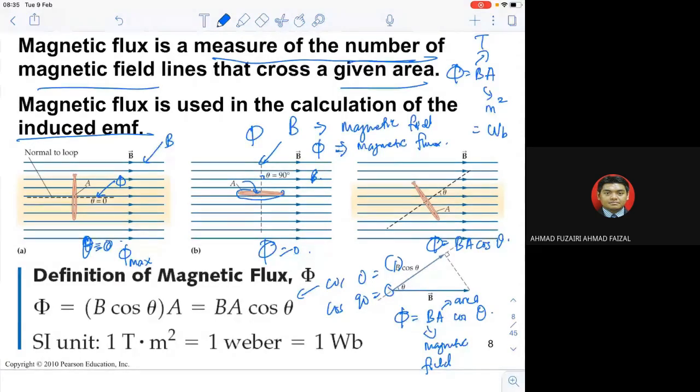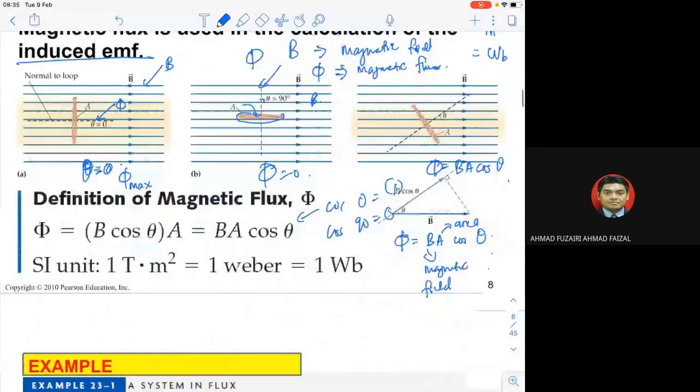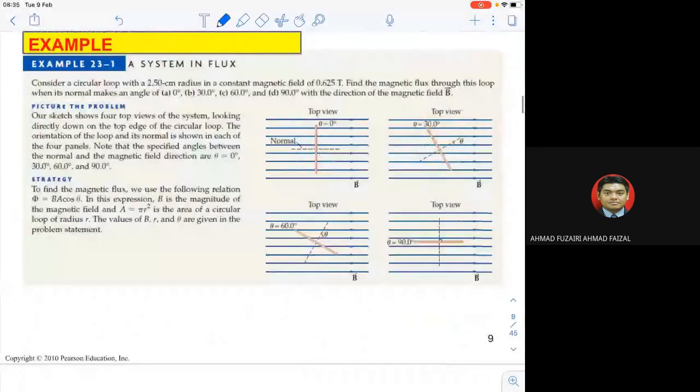The unit for the magnetic field is what? Magnetic field is Tesla. Then the area is meter square, and Tesla meter square is the unit of Weber. Okay, simple. So look at these examples.